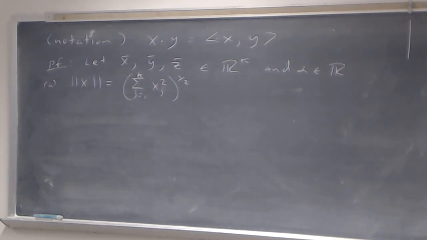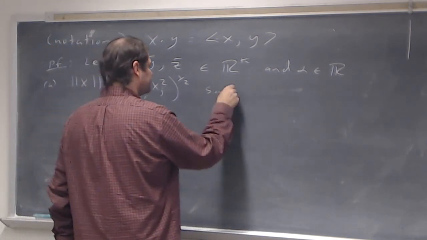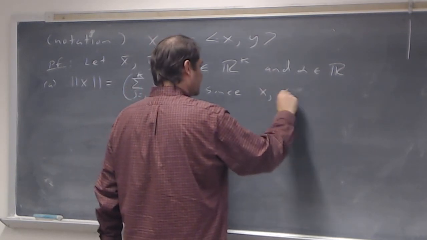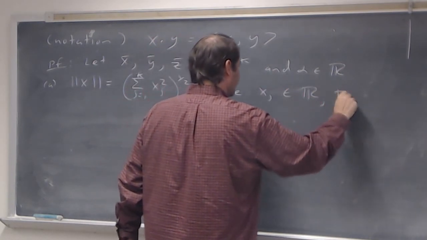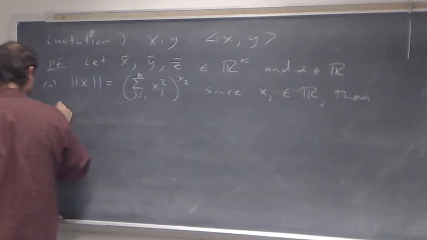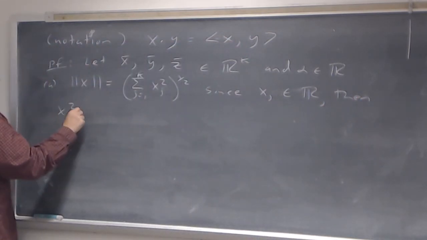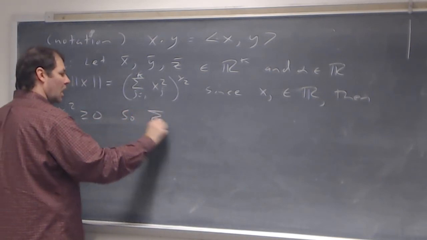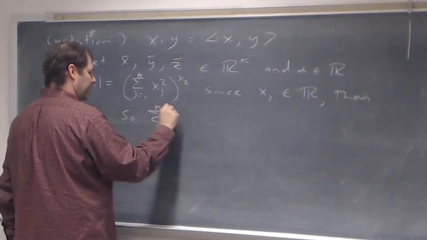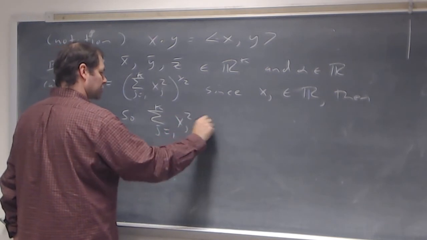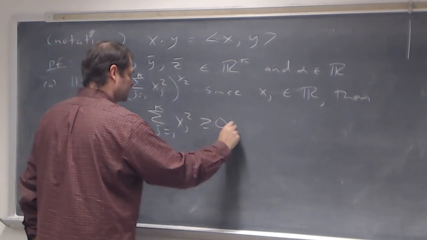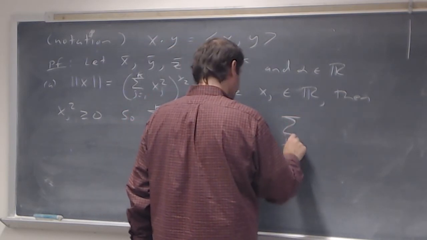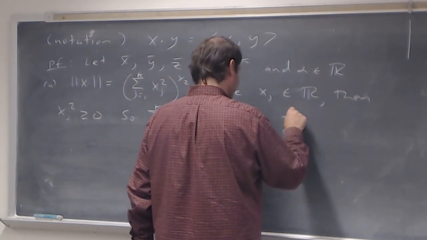And now, since x of j is an element of R, then x of j squared is going to be greater than or equal to 0. So the sum, as j runs from 1 to k, of x of j squared is going to be greater than or equal to 0. So we can take the square root of it, and it's going to be non-negative.